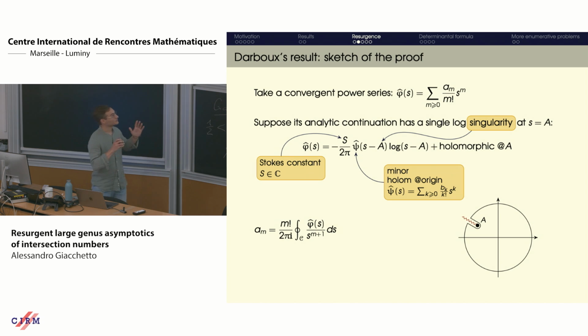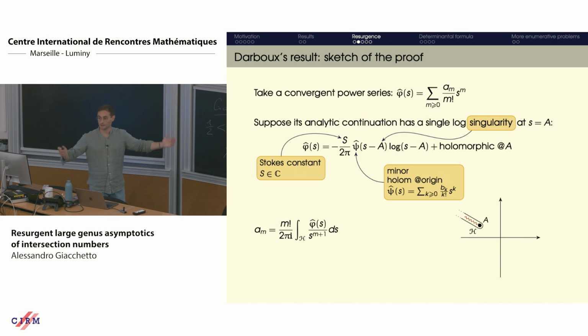And under some other assumptions that I will hide under the carpet here, you can actually extend this contour to infinity, and you will end up with a Hankel contour that is getting around the logarithmic cut. So you end up with an expression for the nth coefficient that looks like this. But now what you can do is take this expression here and insert it in this formula.